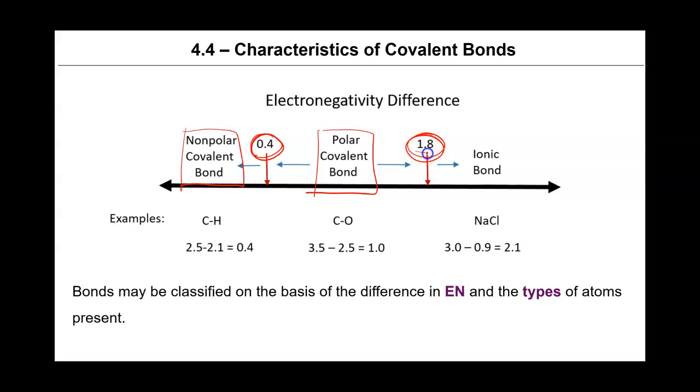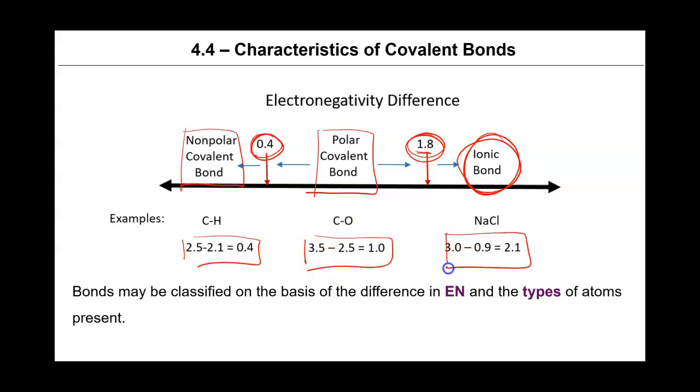Now, if the difference in electronegativity is greater than 1.8, we don't have uneven sharing of electrons, we have complete transfer of electrons from the less electronegative element to the more electronegative element, i.e. what we actually have is an ionic bond. So using Pauling's numbers, we can classify bonds into one of these 3 different categories.